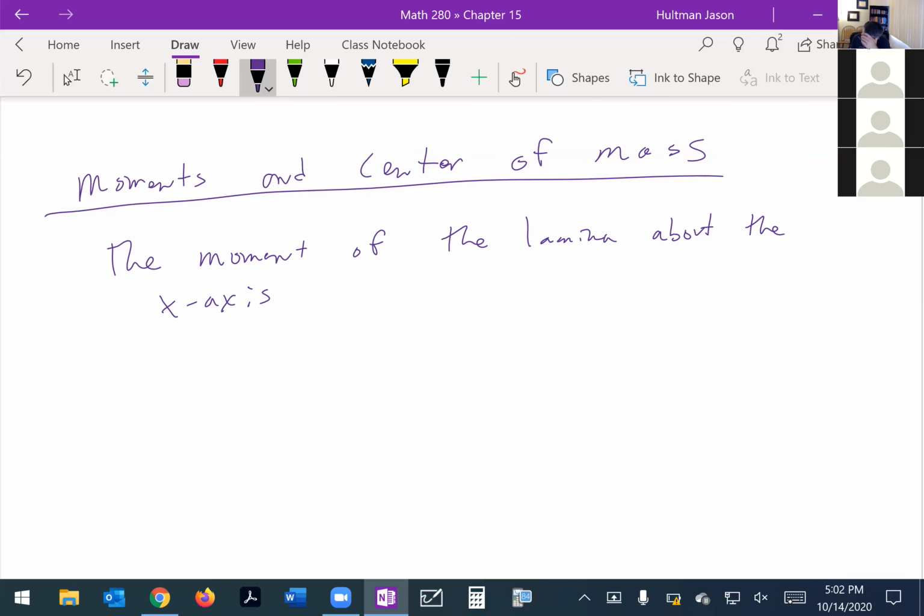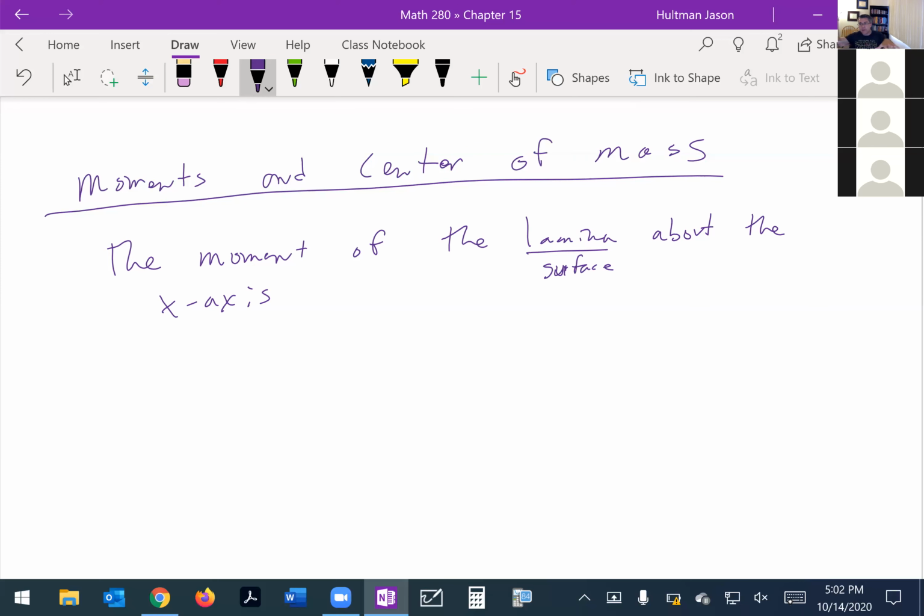When you think of lamina, just think of a surface, like laminate flooring, which is a surface. You laminate this. It could be a curved surface, it could be a flat surface. Just think of it as a surface.